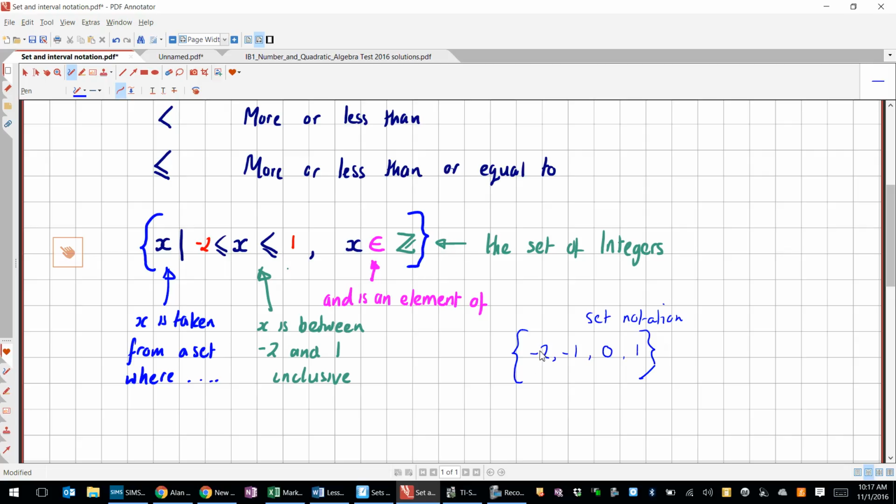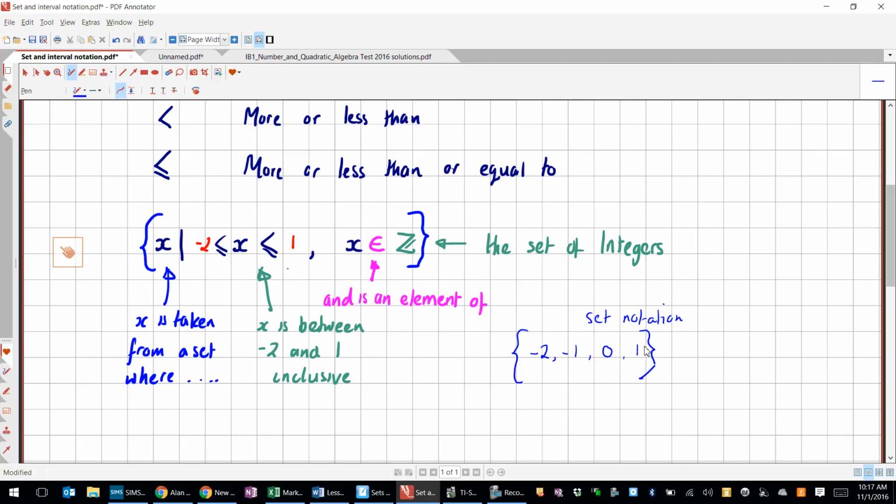So if I wanted to put those numbers in a Venn diagram, I'd know what they are. This interval notation could change. You might be given a question in interval notation, or in set notation, whichever one.